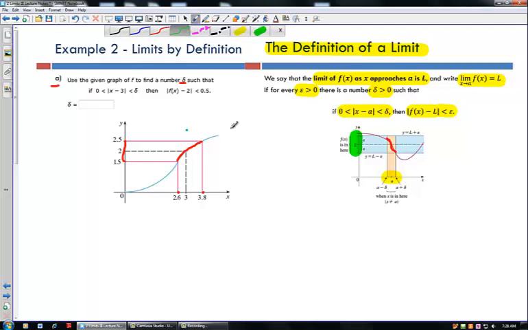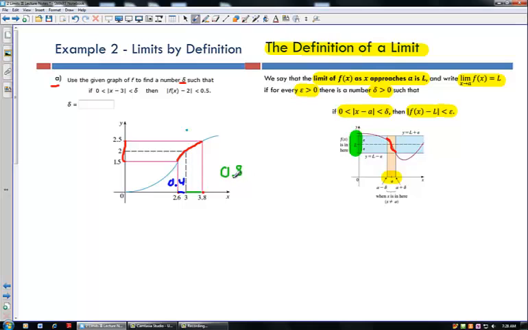If you look over here, you have a plus delta and a minus delta, so you basically have two choices for your delta. The distance from here to here is 0.8, whereas the distance to the left is 0.4. You can choose your delta to be one of these.